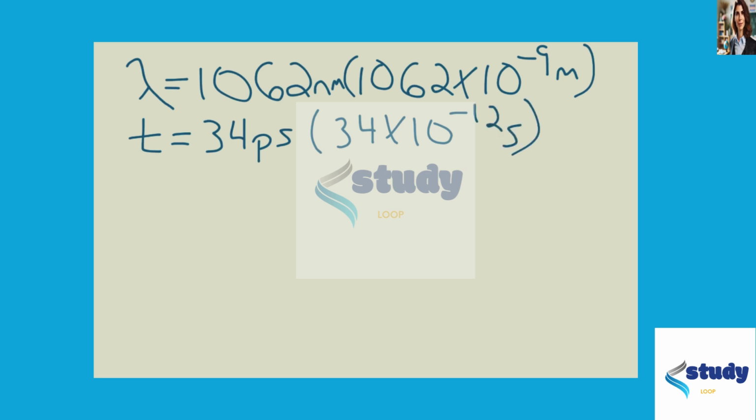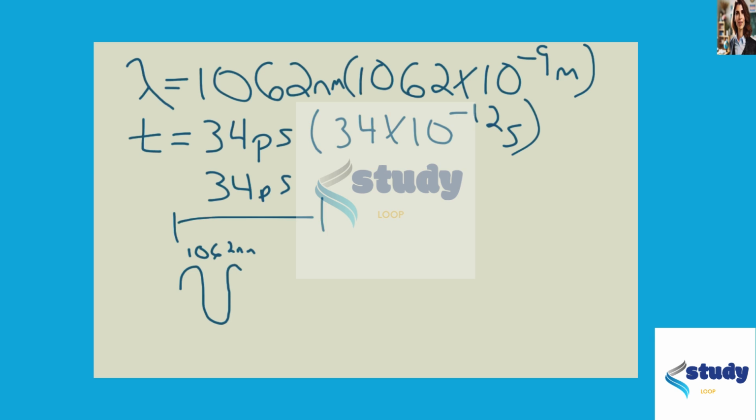Okay. Then I would draw a picture to help me visualize. So we have a length of time which is 34 picoseconds. And then we need to figure out how many waves, which is 1062 nanometers, fit there.